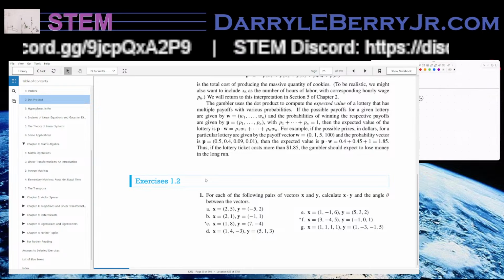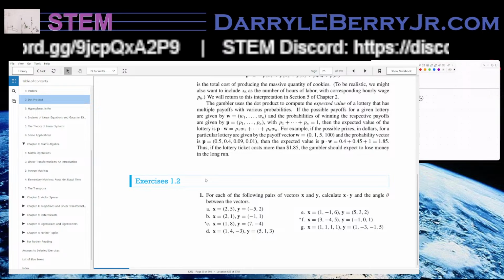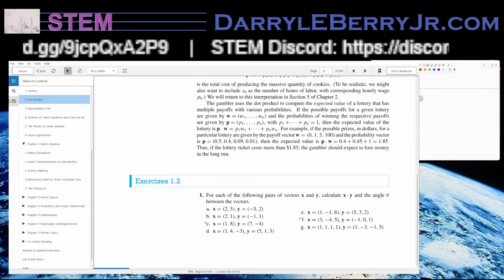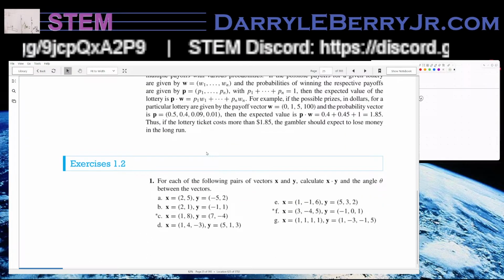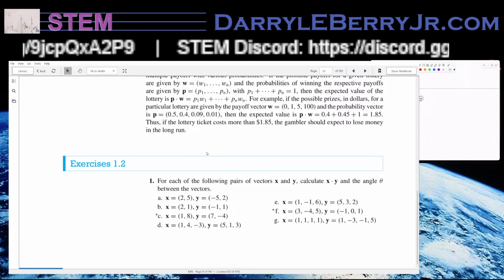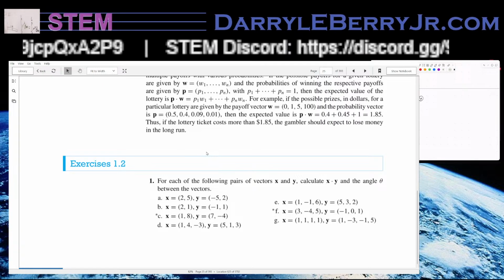Let's start with 1. For each of these pairs of vectors x and y, calculate x dot y and the angle theta between the vectors.